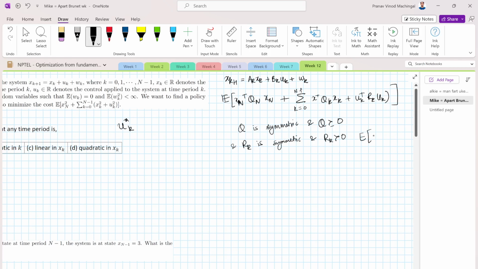and if you have these conditions on wk just given in this question, less than infinity, then your optimal control is linear.